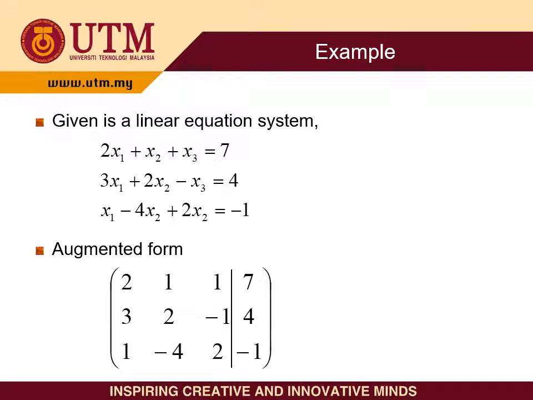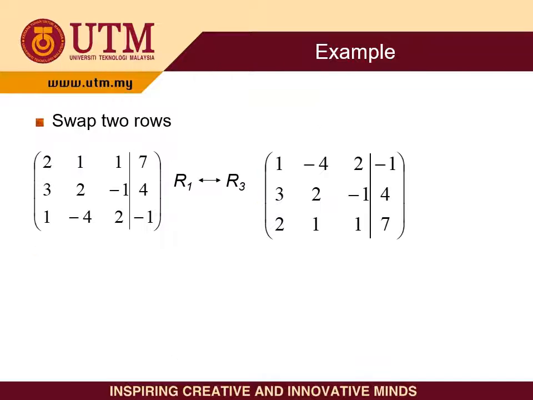This example shows us a linear equation system, and this is the augmented form of the linear system. We already learned this last week. This example shows a swap between row 1 and row 3.